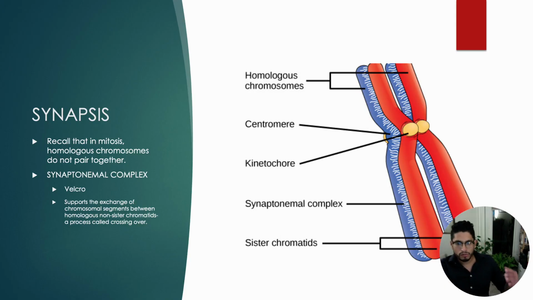So going back to those homologous pairs, I want you to envision it like a Velcro. You have one set of genetic material, and then you have the other set, and they come together at a synapsis, and this is kind of like a Velcro. They hook onto each other, and that's what you're seeing here on the diagram, where it's just kind of like those white finger-like extensions. Those are synaptonemal, that's a synaptonemal complex.